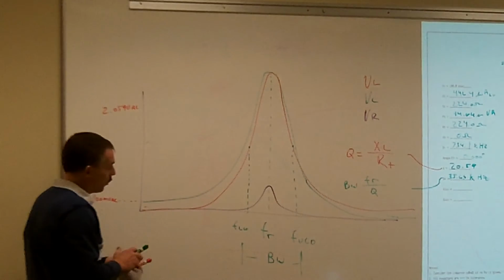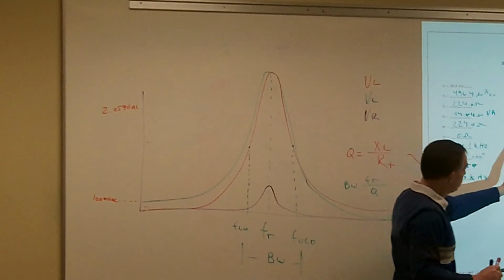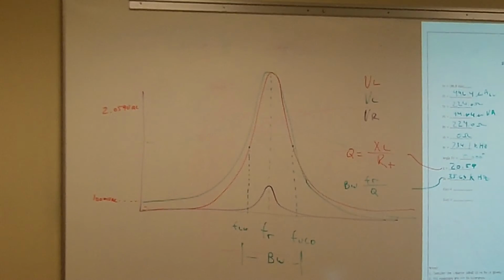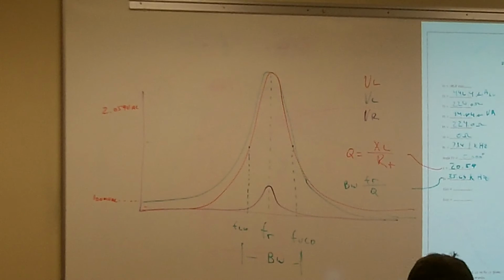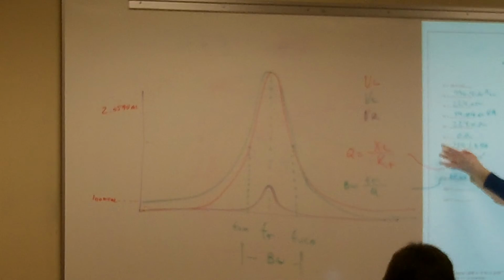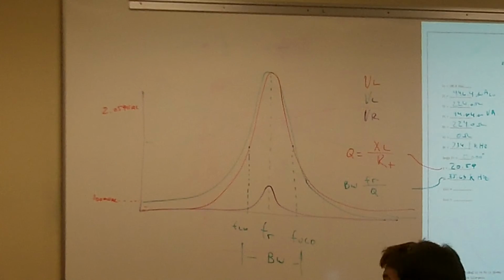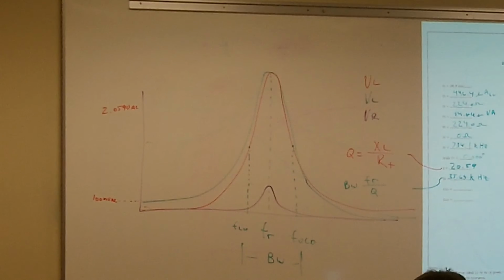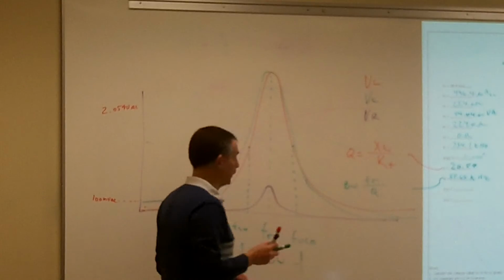That's going to be our allowable frequencies that are going to pass out of the output of our circuit here. That's any of those frequencies within that bandwidth, half of it below our resonating frequency and half of it above, is going to be allowed to go into our output. And that's going to allow those frequencies to go into our next stage.